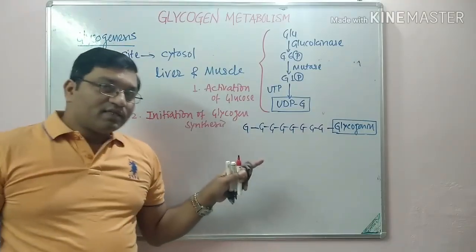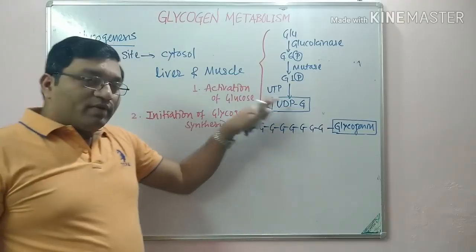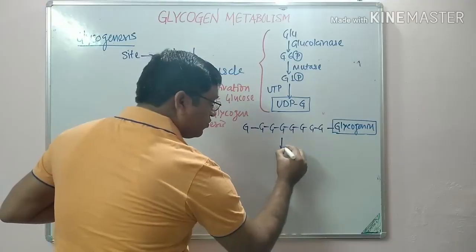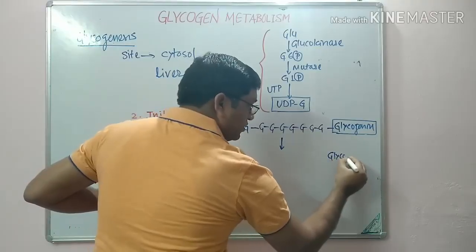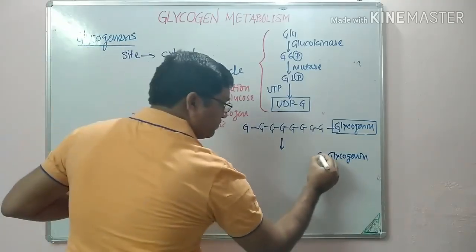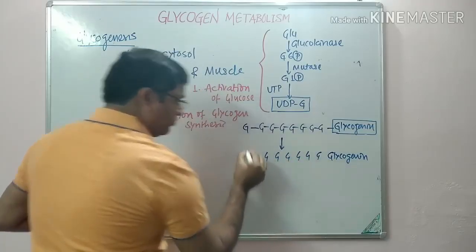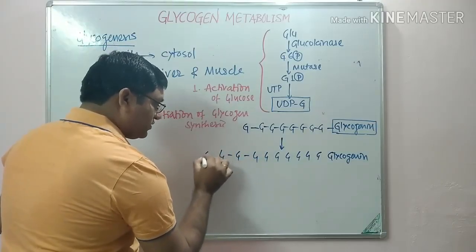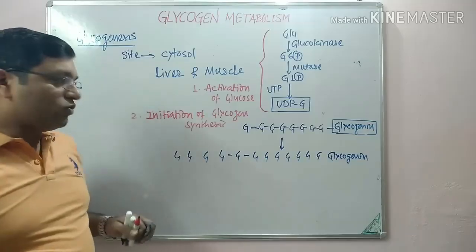In each step, one glucose molecule carried by UDP is added, so there is lengthening of the chain in successive steps.